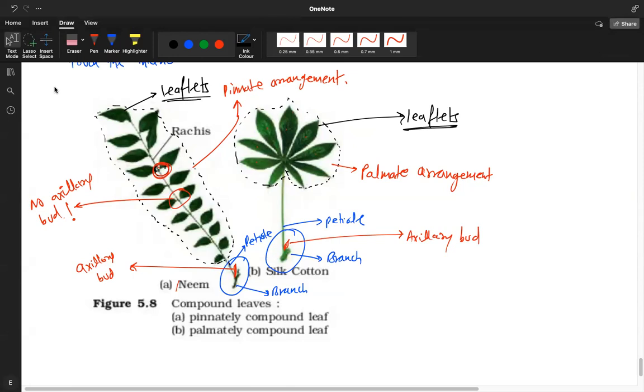Done. Done, Aisha? Yes, done. Okay, very well. So you understood the difference between a compound and a simple leaf? Yes. So write down this point.